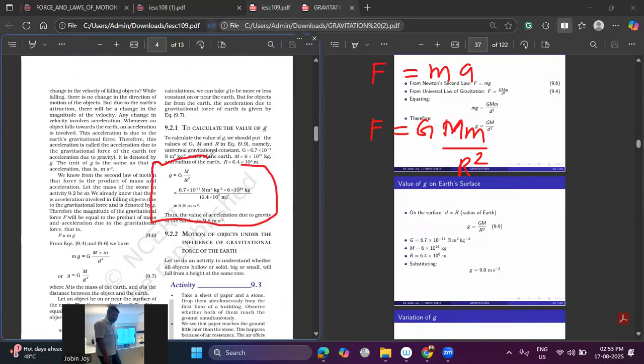G means the gravitational constant, the value is 6.673 into 10 raised to minus 11 Newton meter square kilogram raised to minus 2. M is the mass of the earth, 6 into 10 raised to 24 kilogram. And capital R is the radius of the earth, 6.4 into 10 raised to 6 meter. Substitute here and you will get the value of g is equal to 9.8 meter second raised to minus 2.